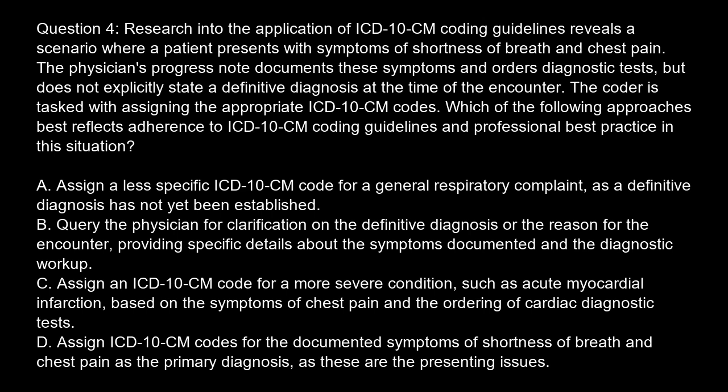Option C. Assign an ICD-10-CM code for a more severe condition, such as acute myocardial infarction, based on the symptoms of chest pain and the ordering of cardiac diagnostic tests. Option D. Assign ICD-10-CM codes for the documented symptoms of shortness of breath and chest pain as the primary diagnosis, as these are the presenting issues.